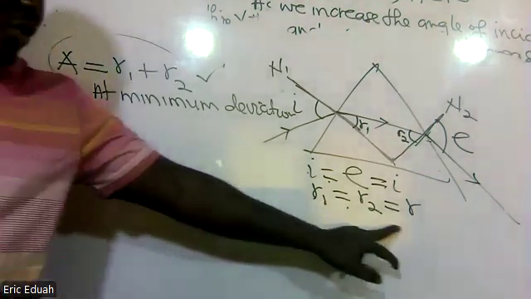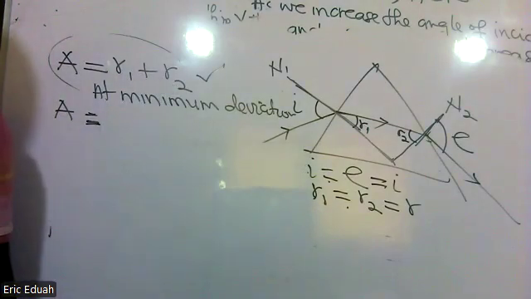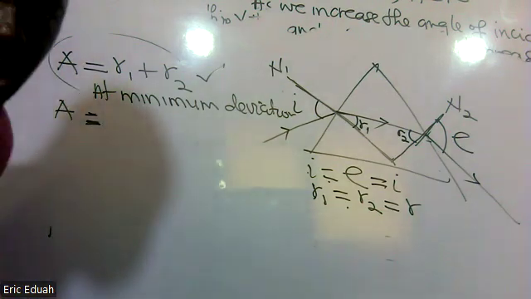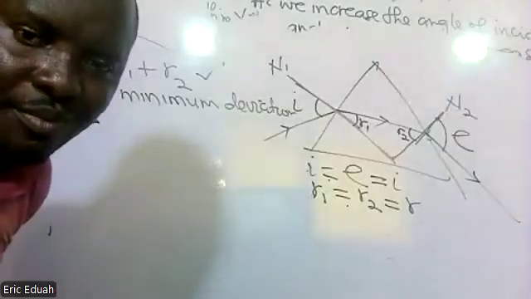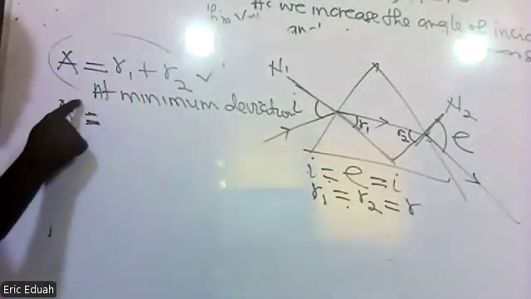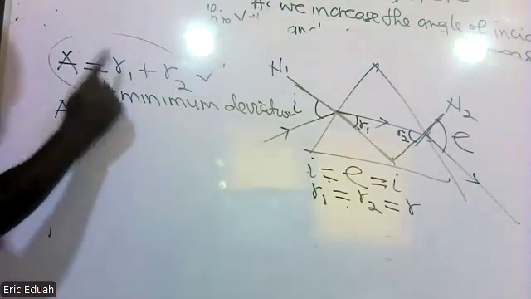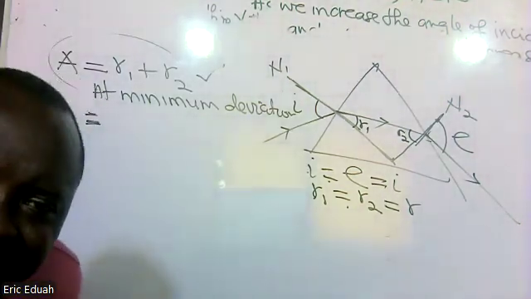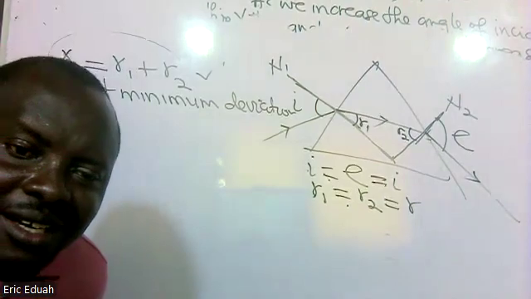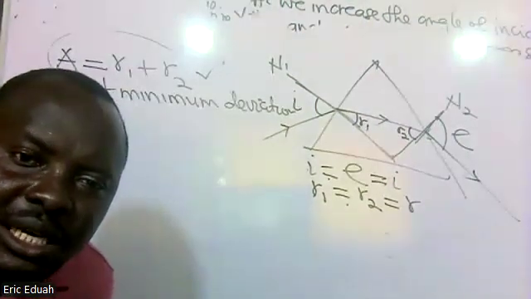If R1 is equal to R2 and they are equal to R, how will this change? Anybody to share what he or she sees with the house? If A is equal to R1 plus R2, how would this equation change at the minimum deviation? I'm waiting. I need a volunteer to just share.